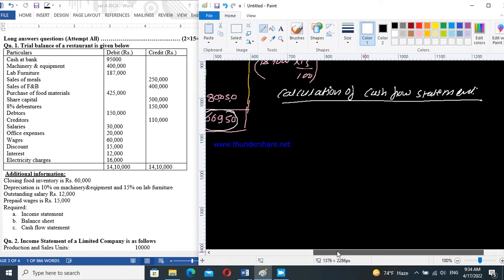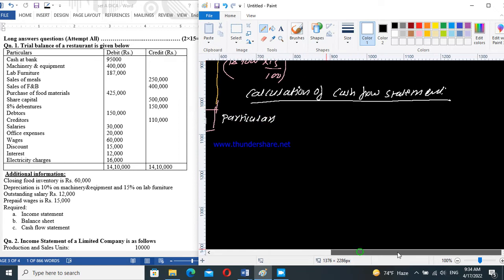Now, particulars, detail amount and total amount. Okay, you can draw the line.